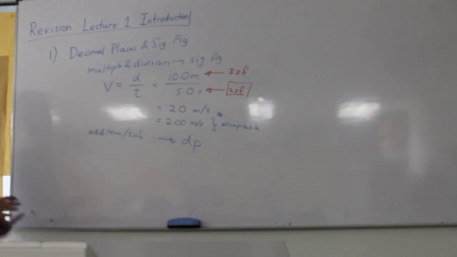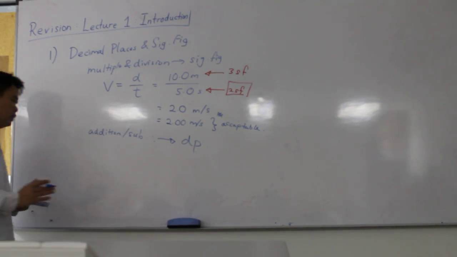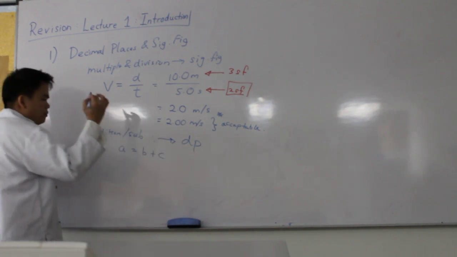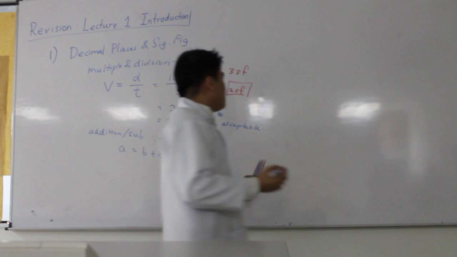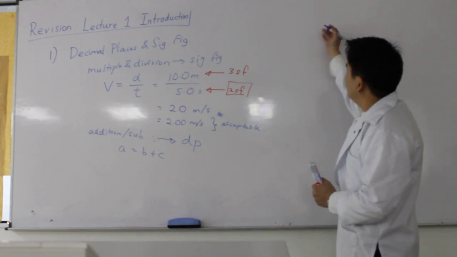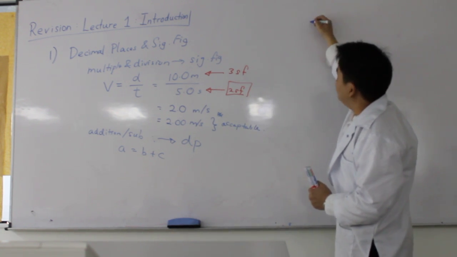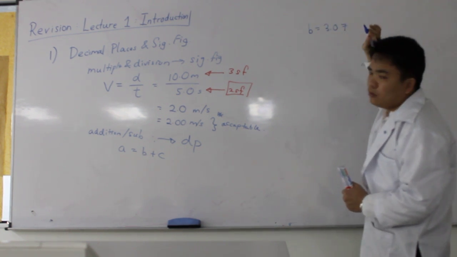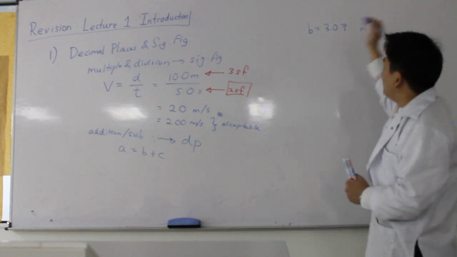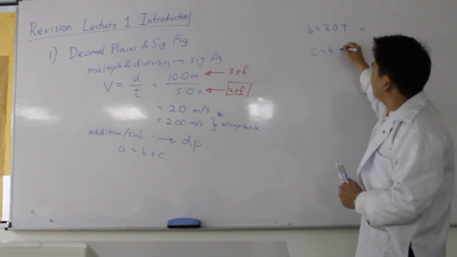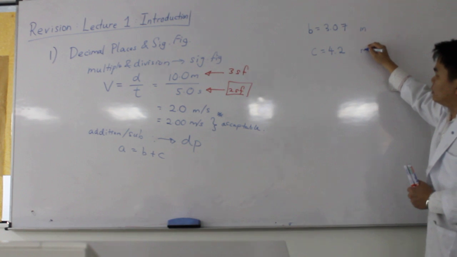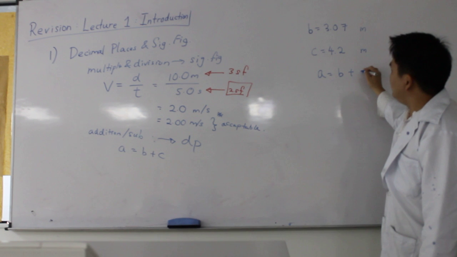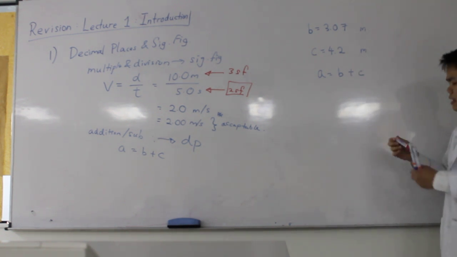An example is, let's say, a vector in terms of magnitude, A equals B plus C. Let's say we form this formula A equals B plus C. Then the question says B equals 3.07 meter, and C is 4.2 meter. By right, A equals B plus C, this is an addition.